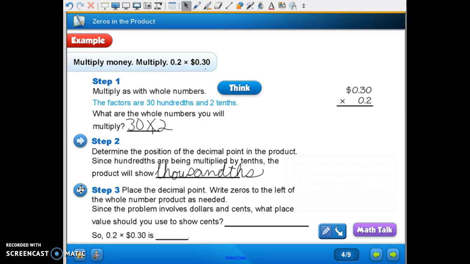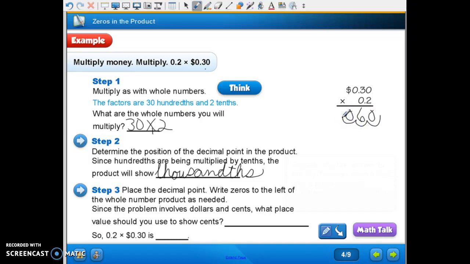Okay. So 2 times 0 is 0. 2 times 3 is 6. Then we have another 0. And we're supposed to go in how many decimal places? 3. 1, 2, 3.